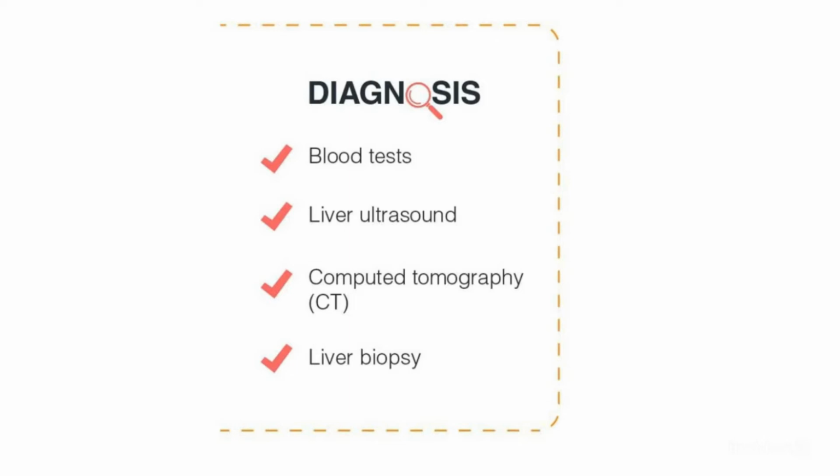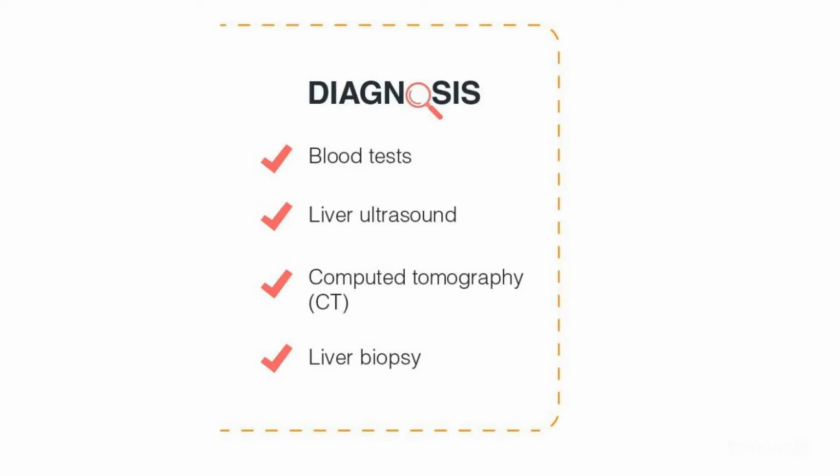If your doctor suspects that you might have liver disease, they will likely ask you questions about your family medical history, including any history of liver disease, your alcohol consumption or other lifestyle habits, any medical condition you might have, any medicines you might take, and recent changes in your health.